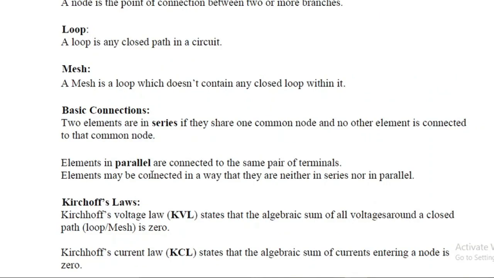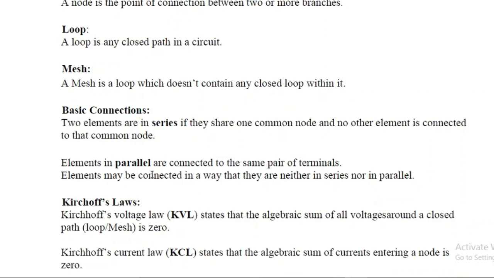What is a series connection? Two elements are in series if they share one common node. That means if any terminal of a branch is connected to the starting terminal of another branch, then that connection is called a series connection. If the starting terminals of both the branches are connected to one terminal of the supply and the ending terminals of both the branches are connected to the negative terminal of the supply, then that connection is called a parallel connection.